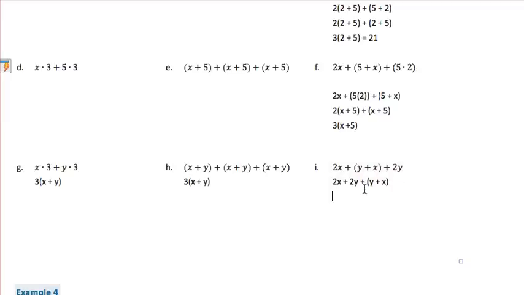We can factor out a 2 in these first two terms. So we'd go 2 times (x plus y), and then add the y plus x, but let's use the commutative property and change the order of those two terms, since we can clearly see that it's the same as the first. And then, just like we did in the others, we have 3 (x plus y) terms, so 3 times (x plus y).